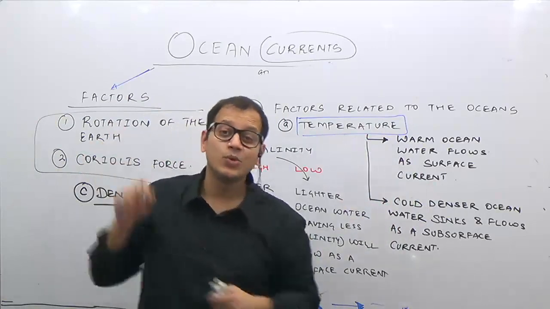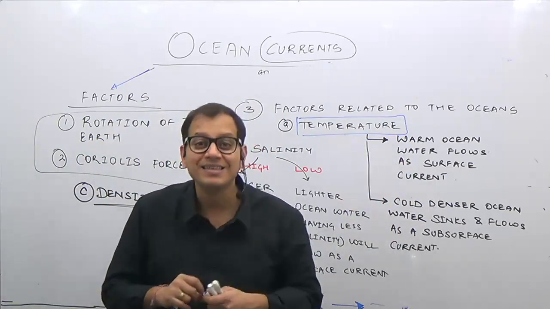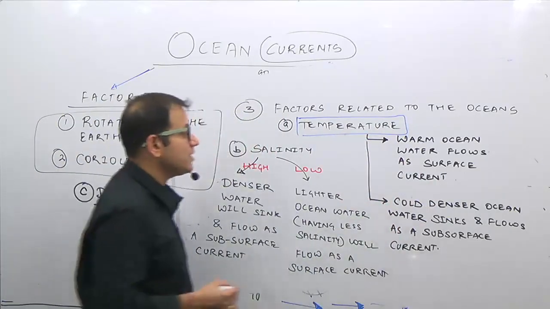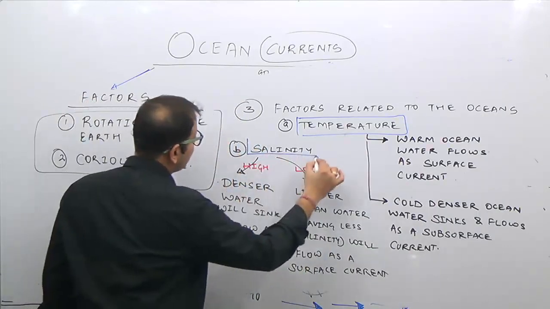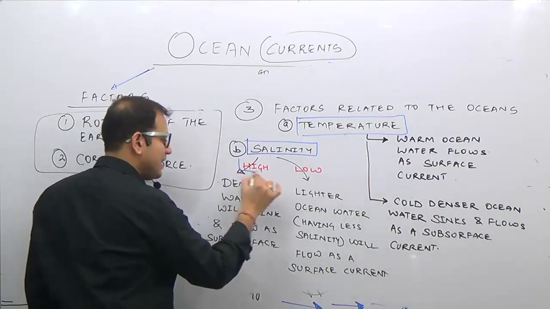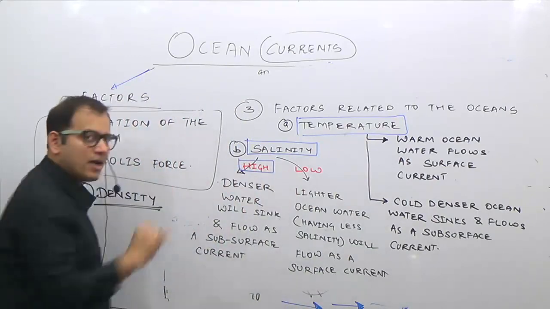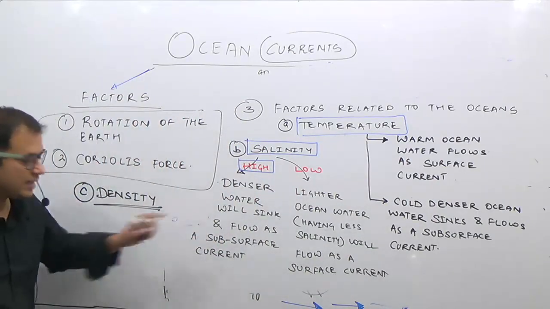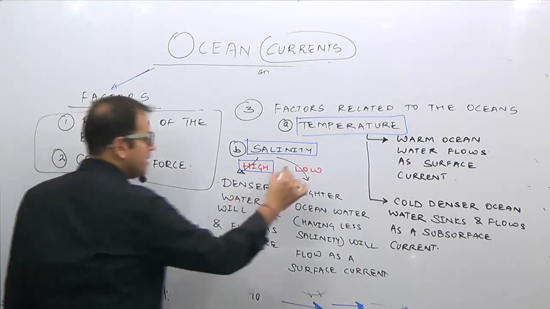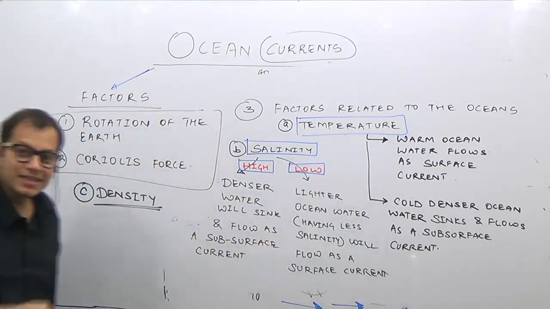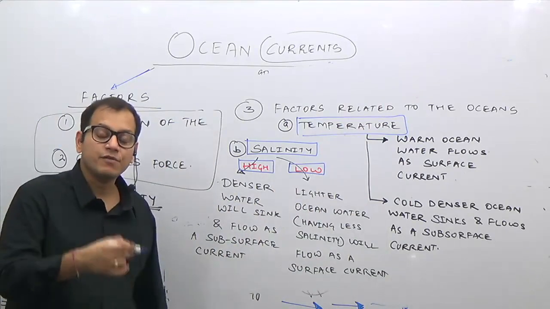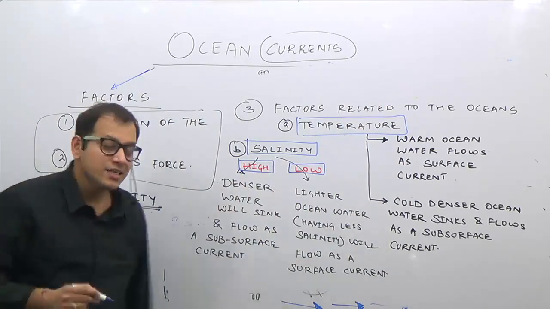That means whatever cold currents we are going to study, they are subsurface currents. The second factor is related to salinity. In the areas of high salinity, the water is denser and it will sink and flow as a subsurface current. In the areas of low salinity, the water is lighter and therefore it won't sink, and it will flow as a surface current.